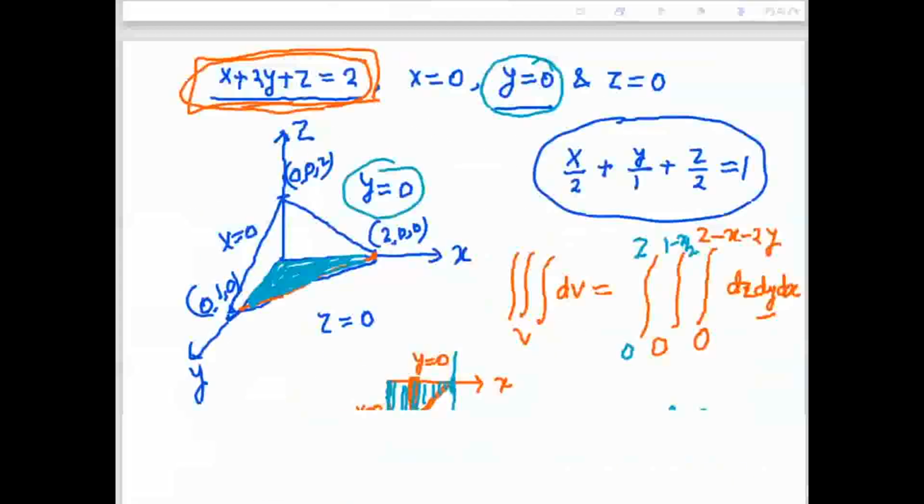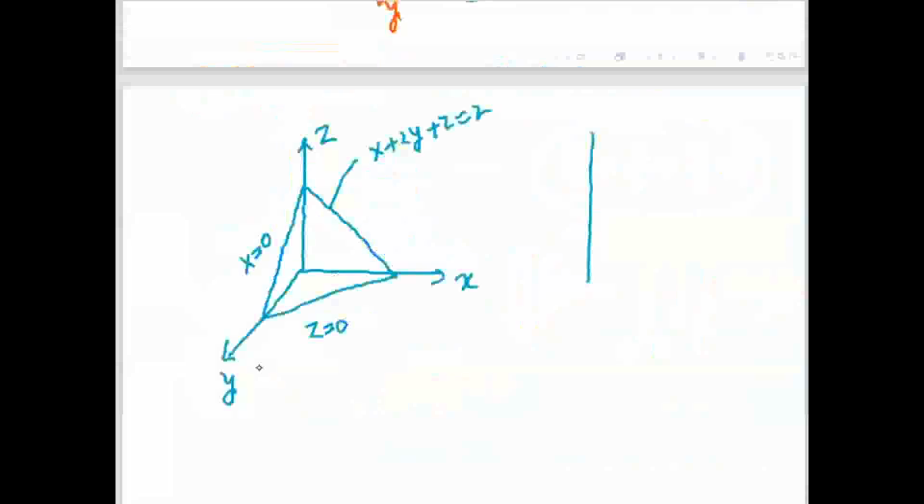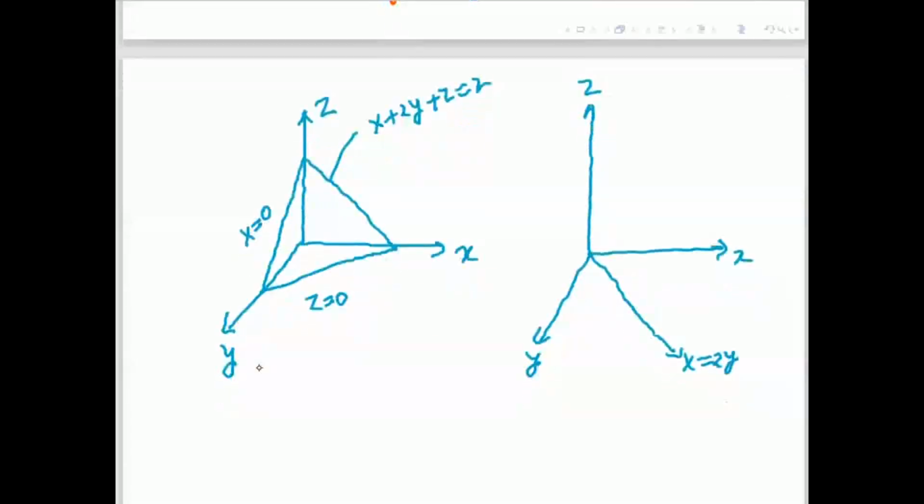So first I will draw what is x equal to 2y separately, and then we will merge there. So this is x, y, this is z. So x equal to 2y is something like this, and z can be anything, so this plane. So this plane will be x equal to 2y. So what is the difference between the previous example and this example?